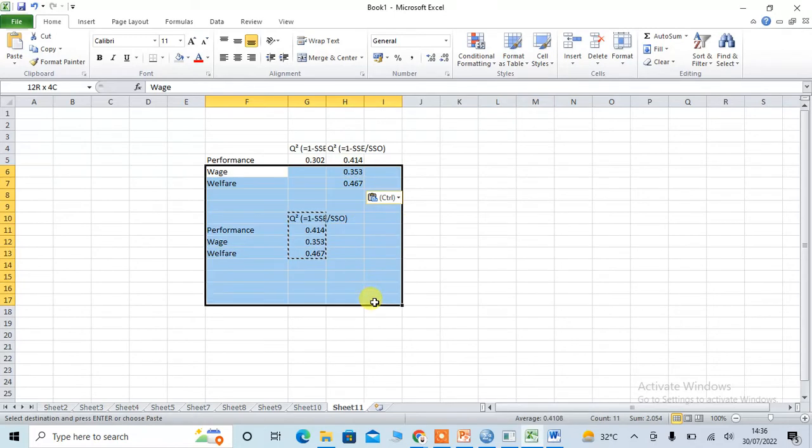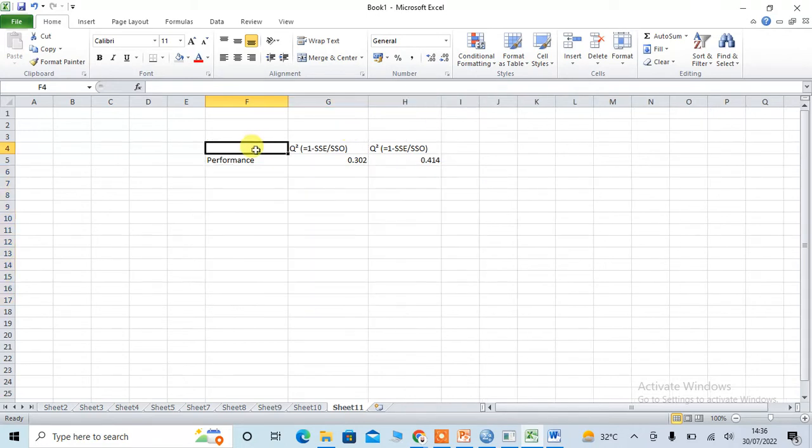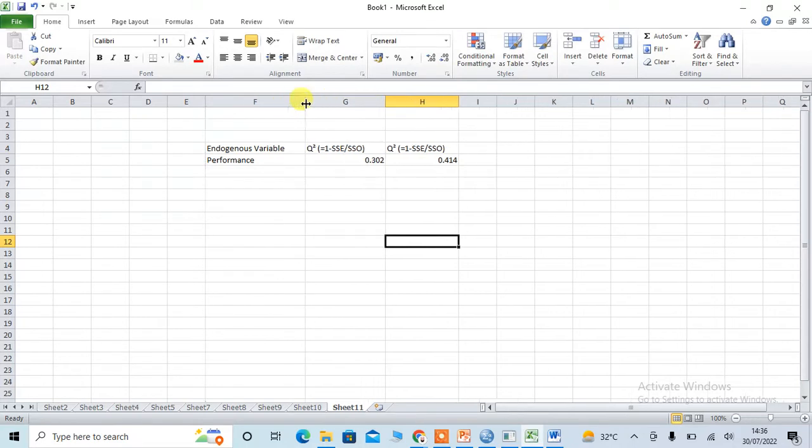We need not put the result for all variables, only for the endogenous variable. We put the result of the endogenous variable. The endogenous variable is our performance, right?